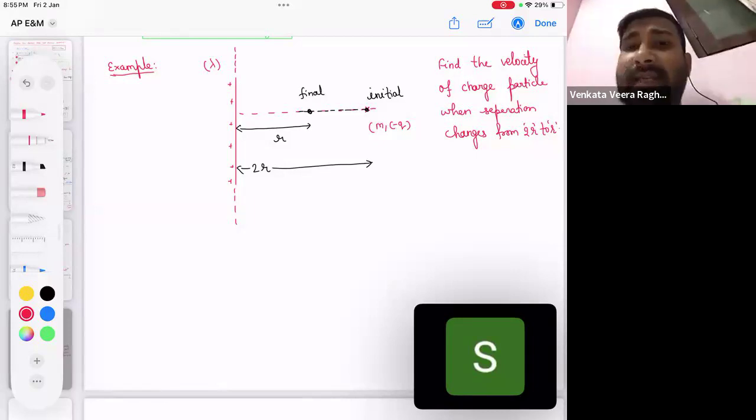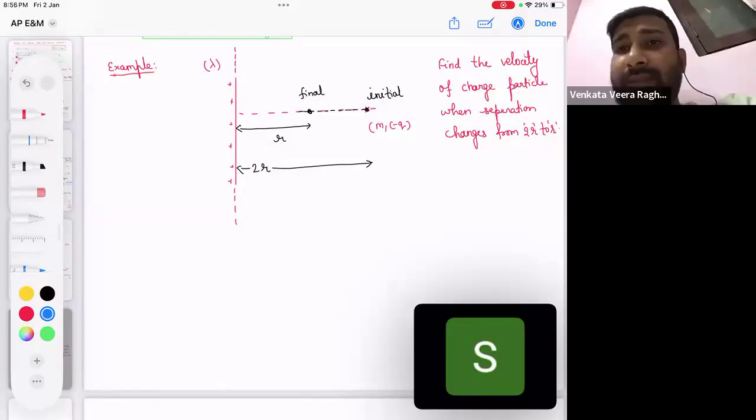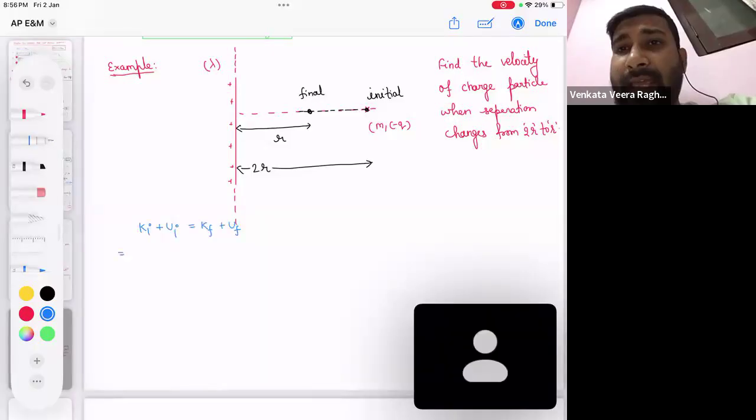Can I again apply energy conservation in this process? Yes. K initial plus U initial equals K final plus U final. K initial is 0.